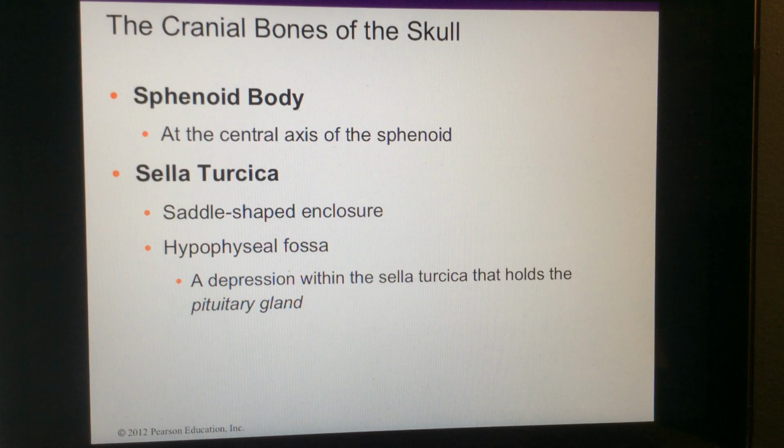So it's kind of like this characteristic saddle-shaped enclosure with a high back and an extended front that contains the pituitary gland. So it's located within the hypophyseal fossa. So basically, hypophysis means to grow beneath the brain, which is protected in the sella turcica.